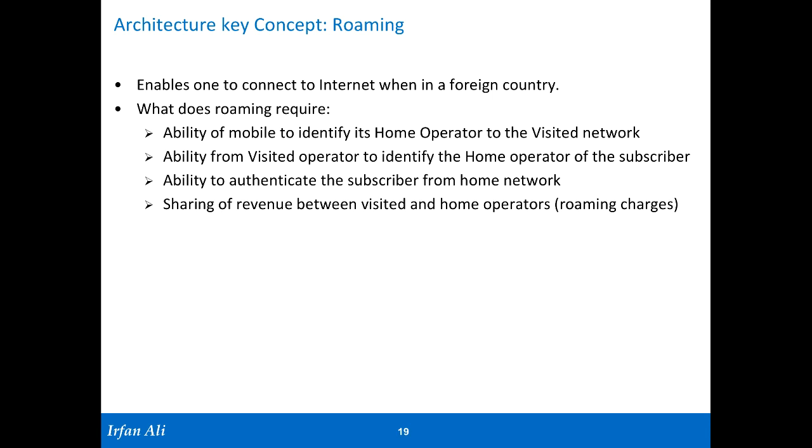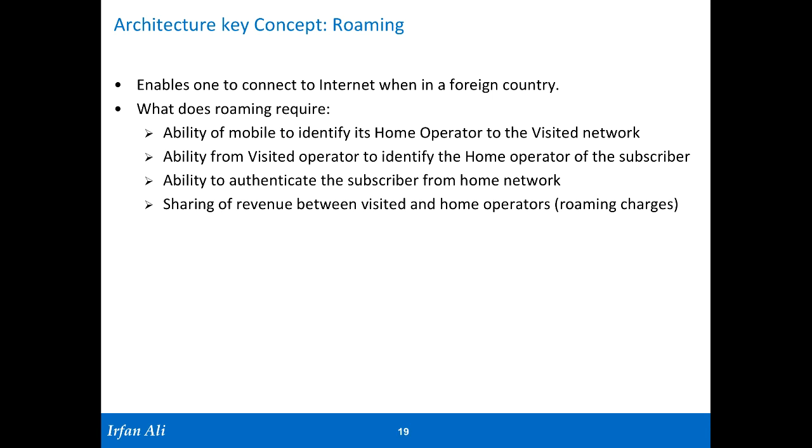And the most important thing from an operator point of view is obviously that they want to be able to share the revenues, and a lot of times it's that expensive bill that you see on your phone when you're like, oh my god, is this so expensive? Sometimes you don't make calls, but nowadays the roaming charges are coming down. So the architecture allows these things to happen without human intervention.